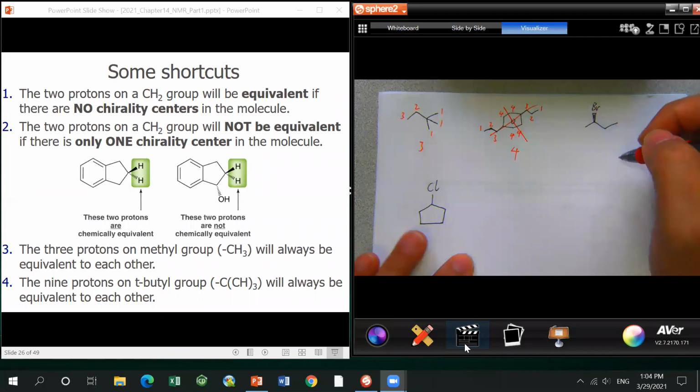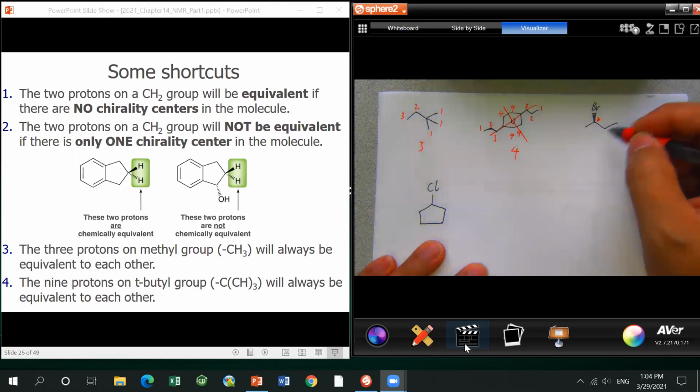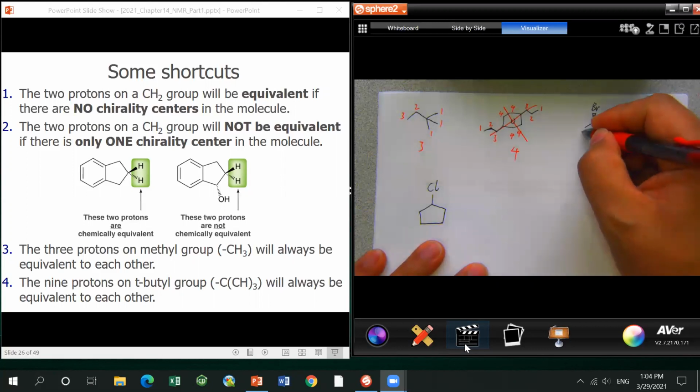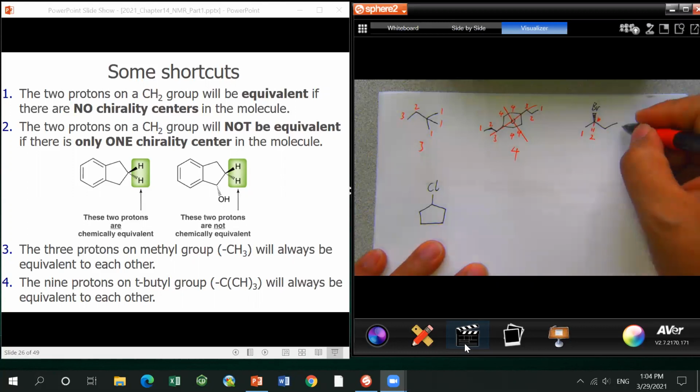The next one is also pretty tricky. There are chiral centers here, and the whole molecule is chiral, which breaks the symmetry. So here that's one, there's one hydrogen here, 2, 3.